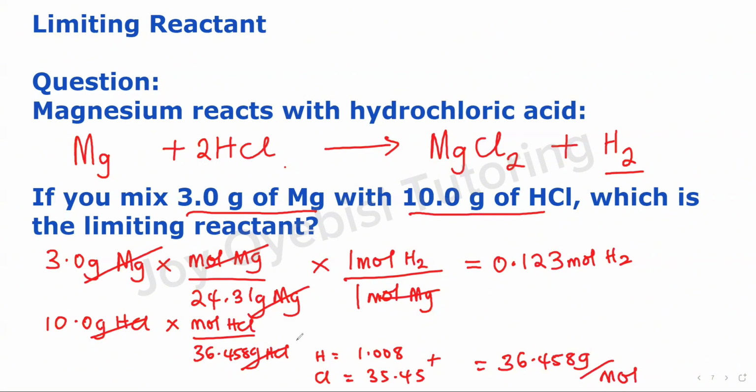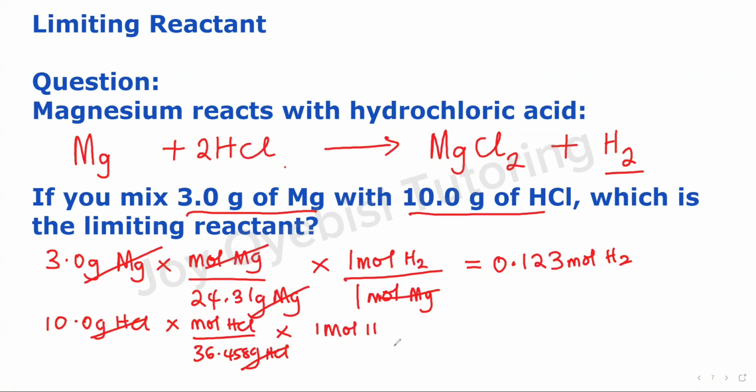The next step would be to also do the same comparison. Remember, if you choose hydrogen, stick to hydrogen. If you choose MgCl2, you stick to that as well. So I'm going to convert to 1 mole of H2, and then divide by 2 moles of HCl. So HCl and hydrogen are a 2-to-1 ratio.